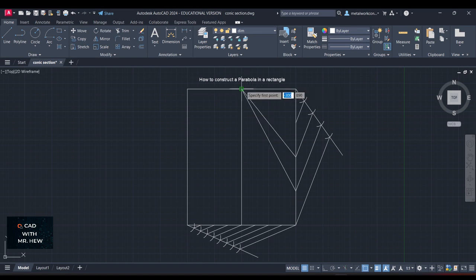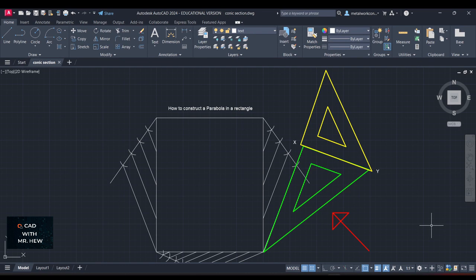From the top, where the middle line intersects the top line for the rectangle, I'm gonna draw a line there. Enter. All right. Now you could divide the other side into 4 equal parts if you wanted to. All right, let us do that.